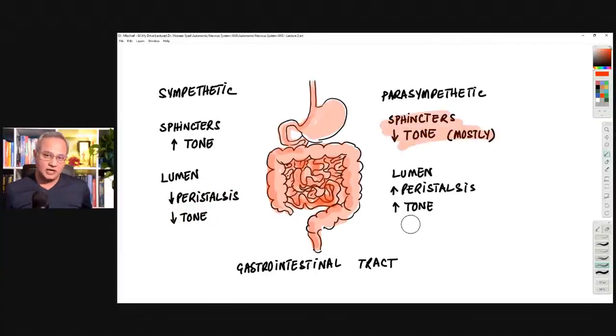Sphincters will become less tonal, they can mostly open up, and the muscle tone and peristalsis in the walls of the GIT would increase. That is a function of the parasympathetic system to help you rest and digest. So this is the most important part under control of the parasympathetic system: increasing your GIT's function.